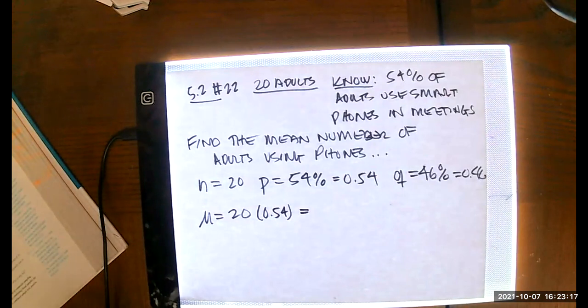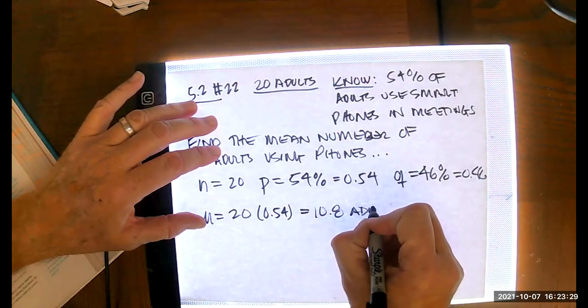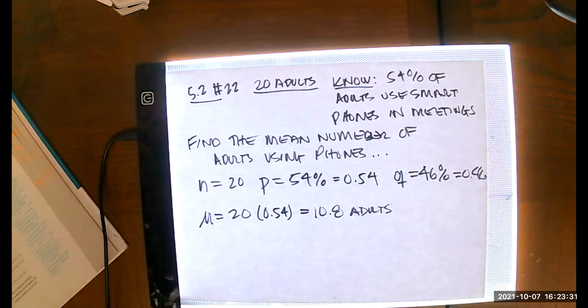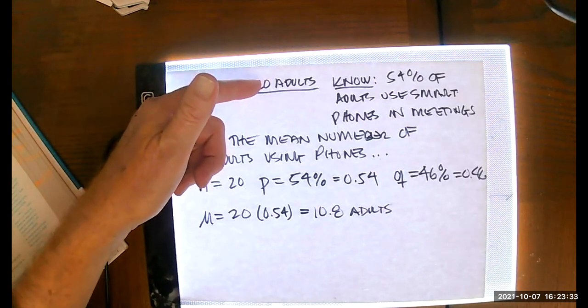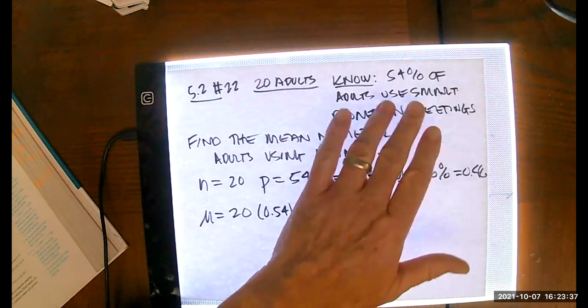And these calculations are simple enough that they really don't need a lot of direction. 20 times 0.54, we get 10.8. 10.8 adults. So if I take a sample of 20, on average, 10.8 of those adults will use their phones in a meeting.